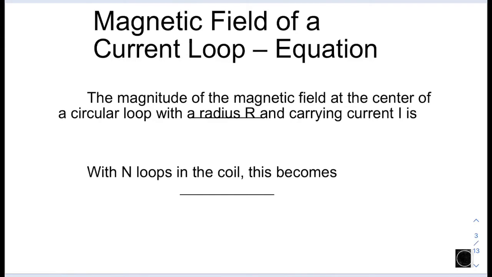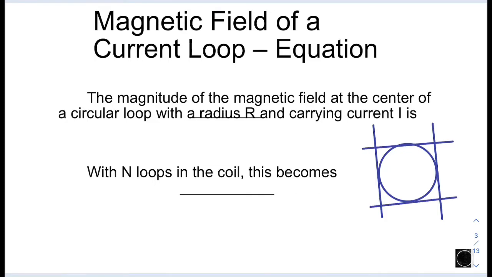So the magnetic field of a current loop equation: for a single loop, it is considered as a combination of 4 long straight conductors that are combined to become one single loop.